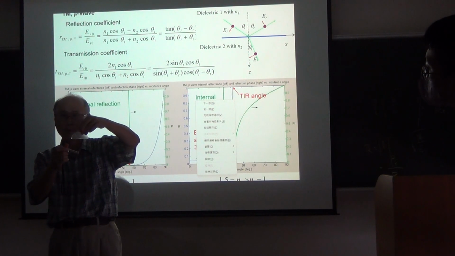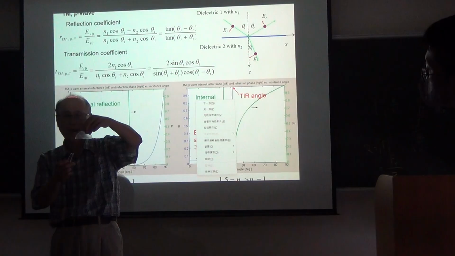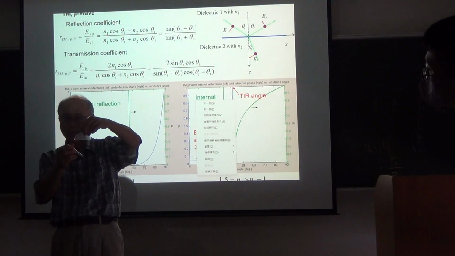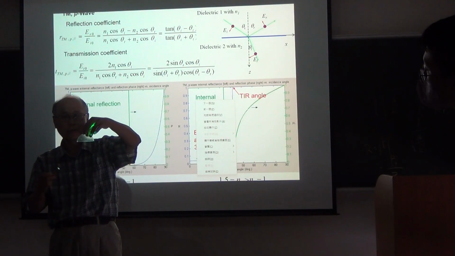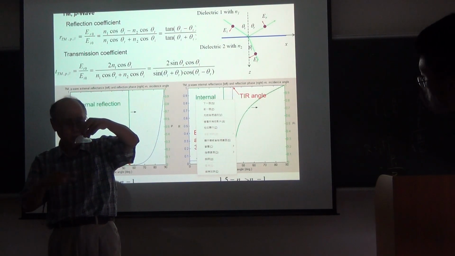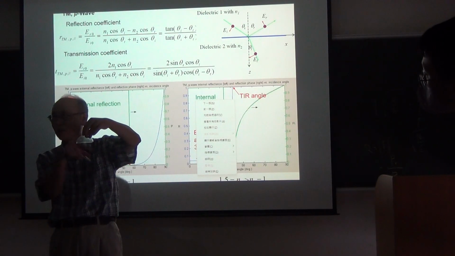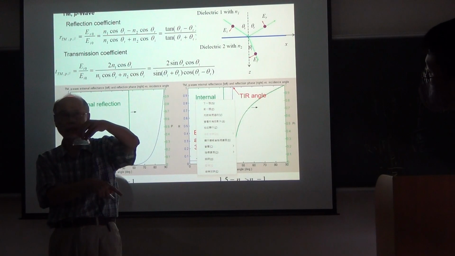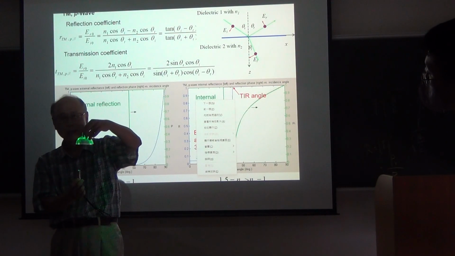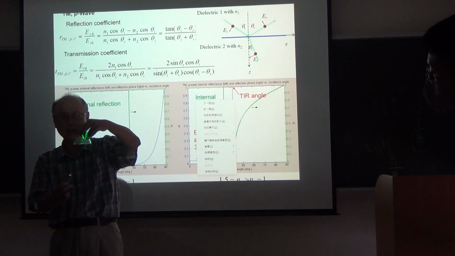But now I don't have a way to control the polarization direction, so this is not properly polarized. But imagine that if I have a way to polarize this laser in the plane of incidence, then right at Brewster's angle, the yellow dot will disappear. There's no reflection. See, this is normal incidence, and then I increase the incident angle.